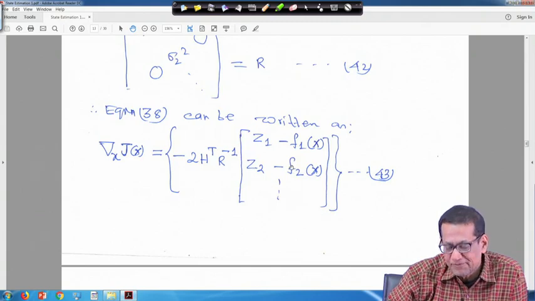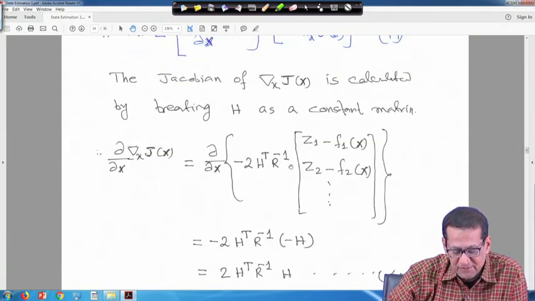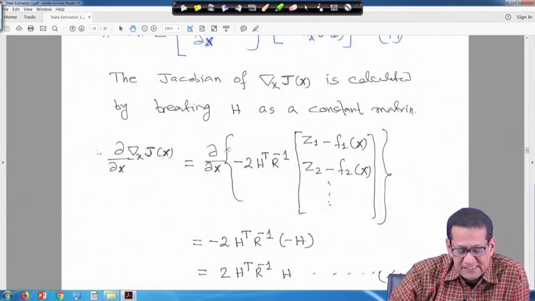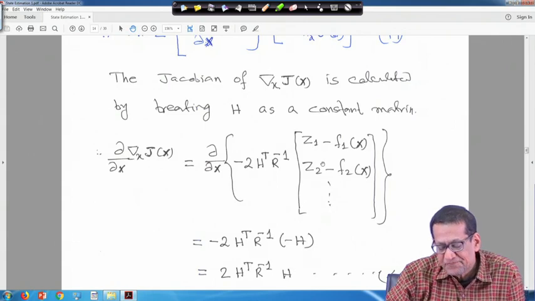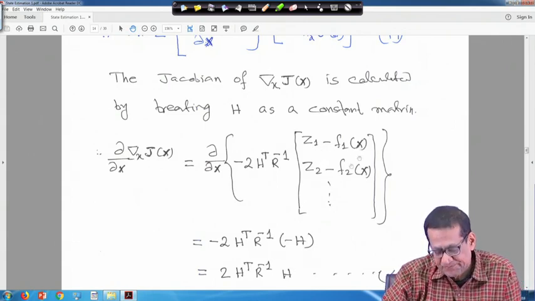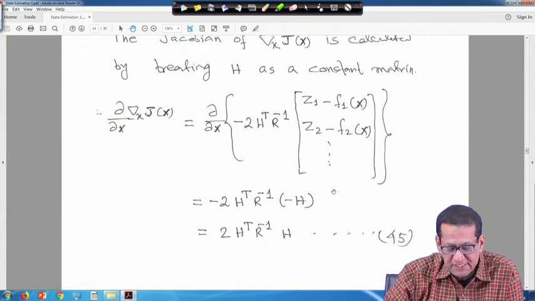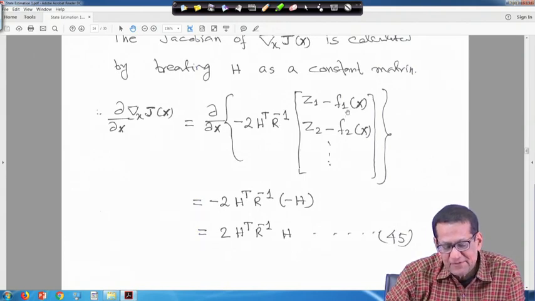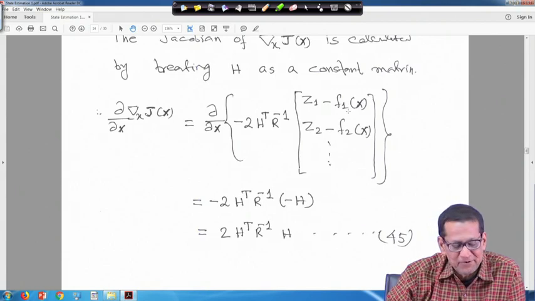So, if you do so, from equation 43, del x of gradient J x is equal to del x of minus 2 H transpose R inverse into Z 1 minus f 1 x, Z 2 minus f 2 x, and so on, right. If you take this, then it will become minus 2 H transpose R inverse, and if you take the derivative, in general it will come del f upon del x.